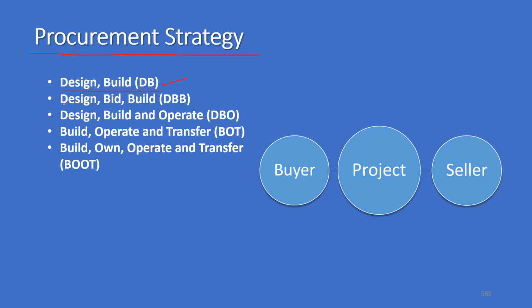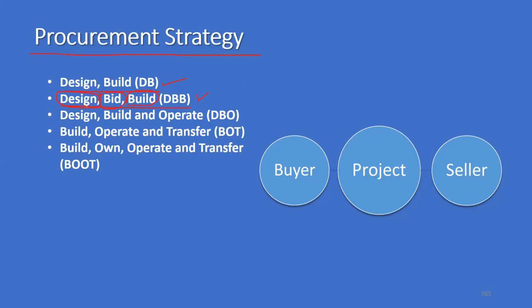Another strategy is design, bid, build. Here, the contractor will design the house, and I give weightages for the design. And for that design, he'll bid. For the bid also, I'll give weightages. Then if I approve both the design and the bid, he will build it for me. That is design, bid, and build.